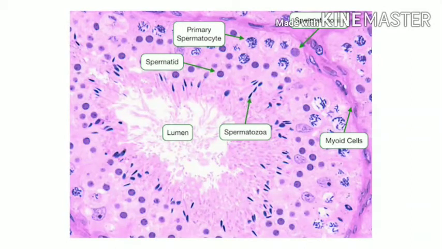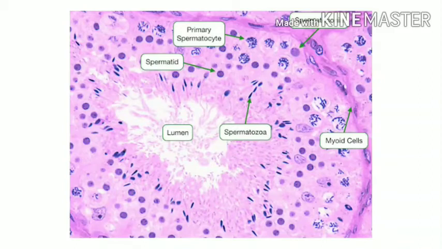The secondary spermatocytes are above the primary spermatocytes and are similar to it, but they are smaller compared to primary spermatocytes. Above the secondary spermatocytes are the spermatids, which are the smallest cells with vesicular nuclei.